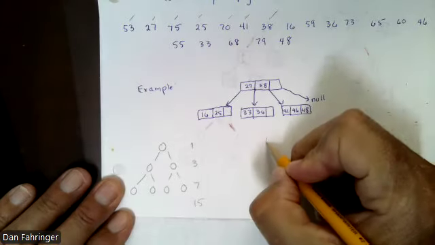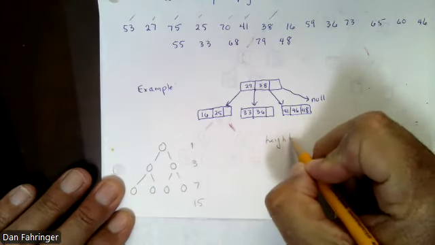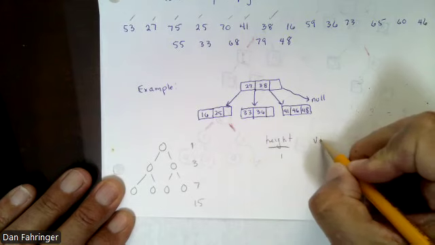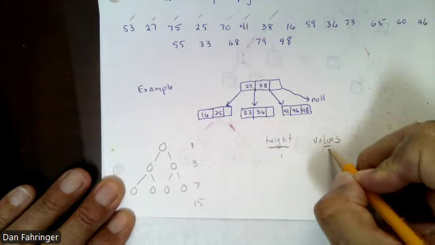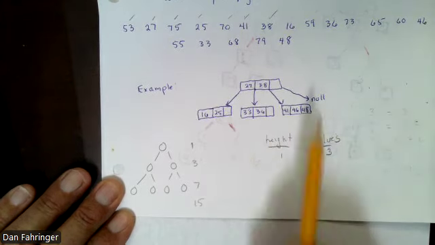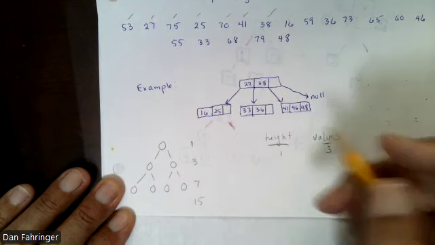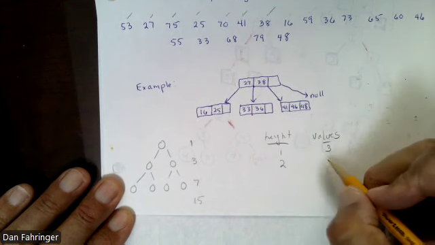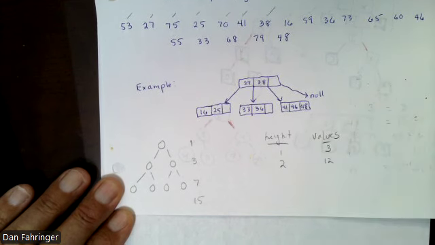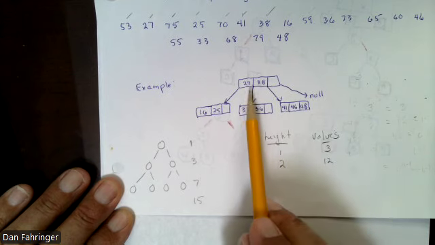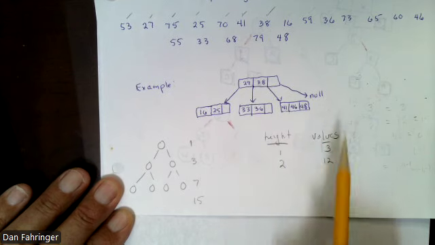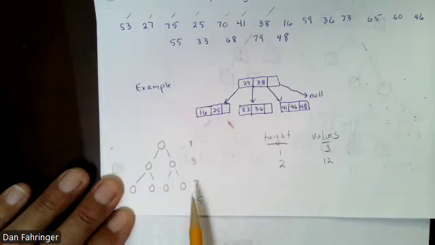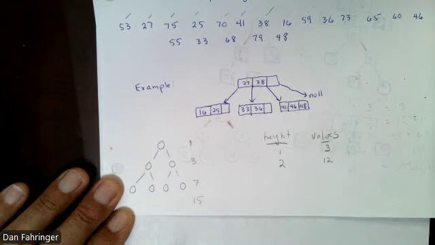If my height was 1, total values I could have is 3. If my height is 2, looks like I can store 12 values. 12 values, 3, 6, 9, 12. To store 12 values, I had to go to a height of 4 down here. So searching should be a little quicker.